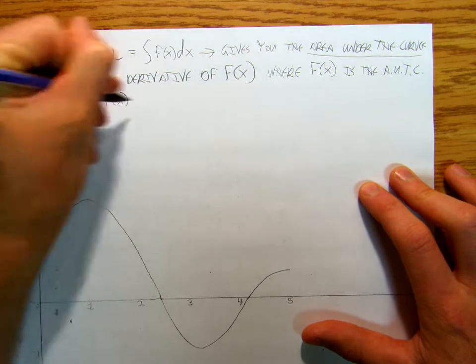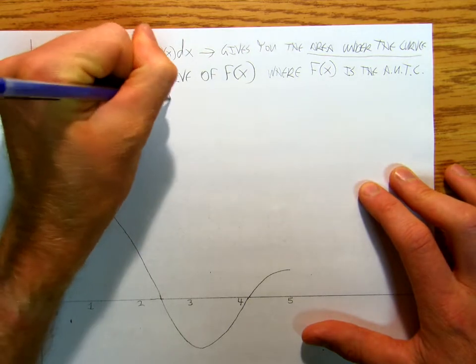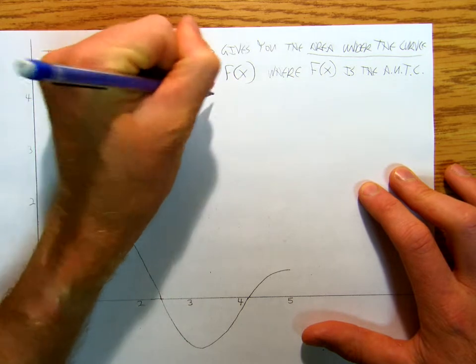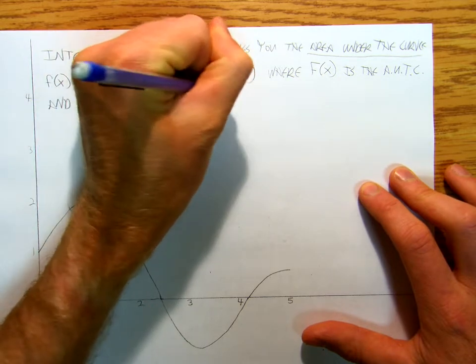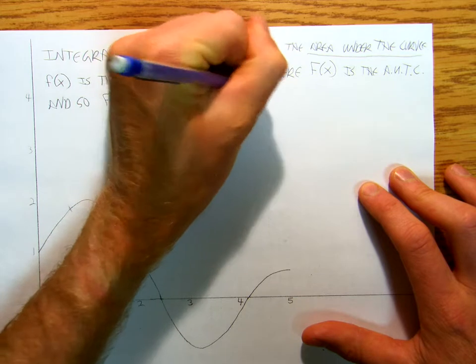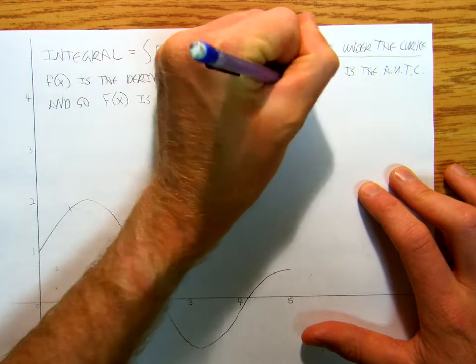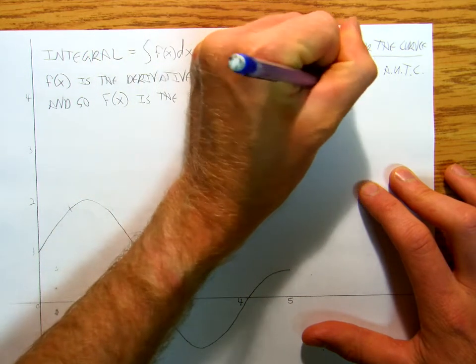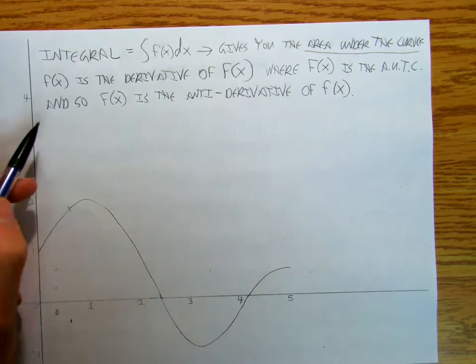And so capital F of x is the antiderivative of little f of x.